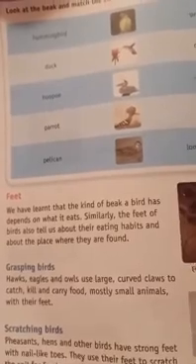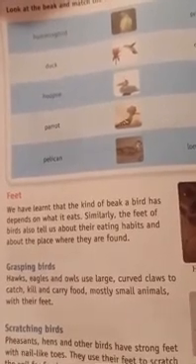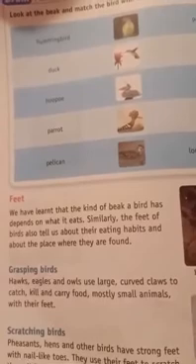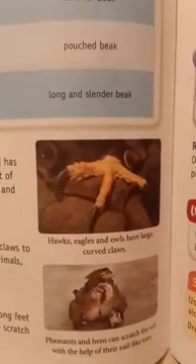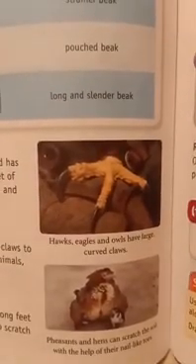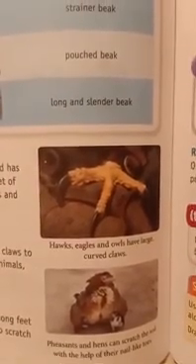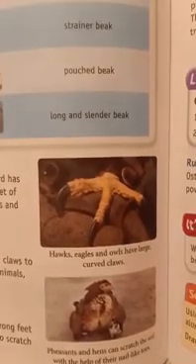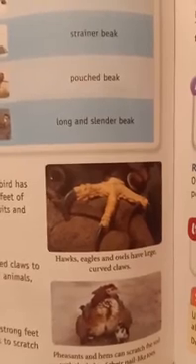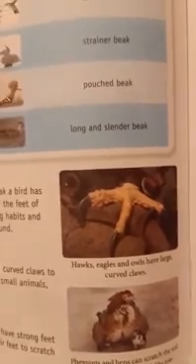So similarly, the feet of a bird also tell us about their eating habits and about the place where they can be found. Birds such as hawks, eagles, and owls have large curved claws, and this type of claws can catch other animals and kill them easily.